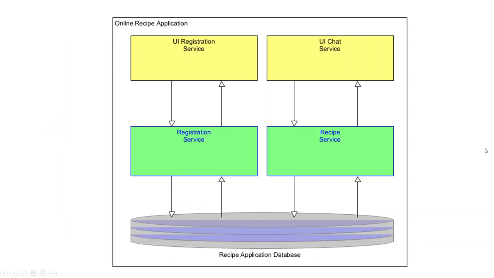We have split up the original user interface for chatting into two different interfaces: one for registration, and the other for chatting. The registration service will pass control on to the UI registration service, which has the user interface that users will interact with, click buttons on, look at views, and so on.